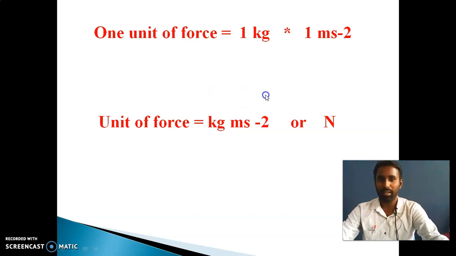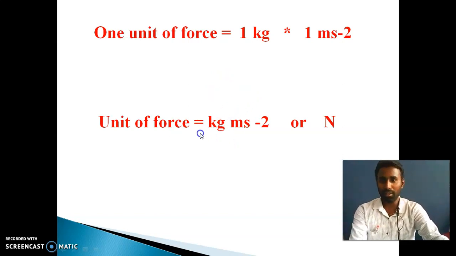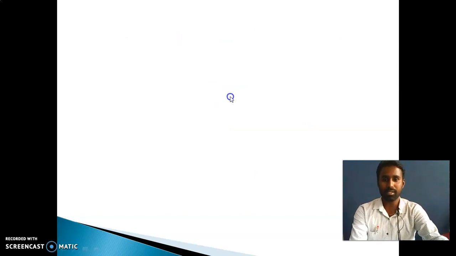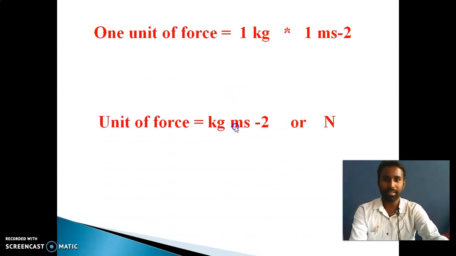Generally the unit of force is kilogram meter second power minus 2, because F equals M times a. Mass has SI unit kilogram, and acceleration is meter second power minus 2. Otherwise, the SI symbol for this unit of force is Newton. Force can be represented in terms of Newton or kilogram meter second power minus 2.